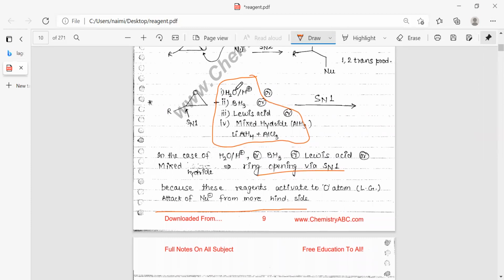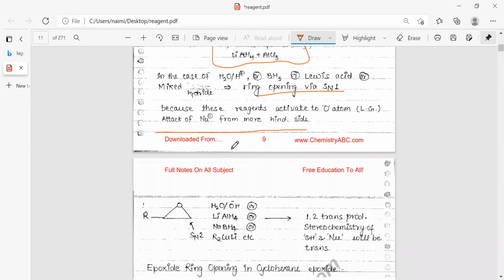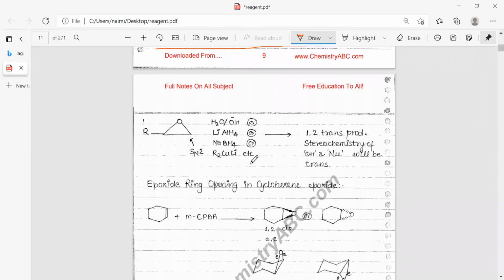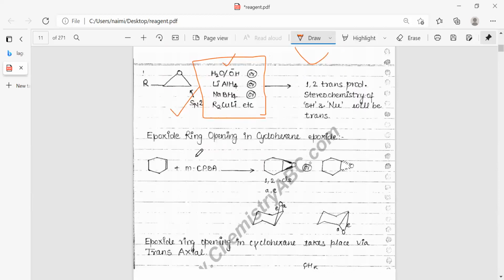Actually what happens here, the H+ will be attracted by the oxygen, after that the other OH will attack on this position, so these products will be possible. These reagents are nucleophiles, so they prefer SN2 and the product will be the trans.